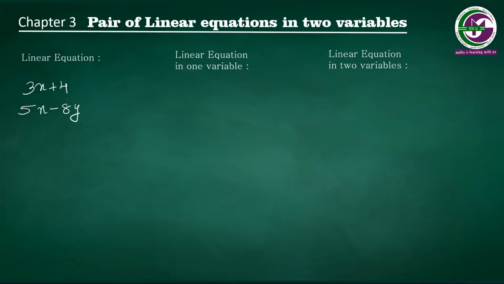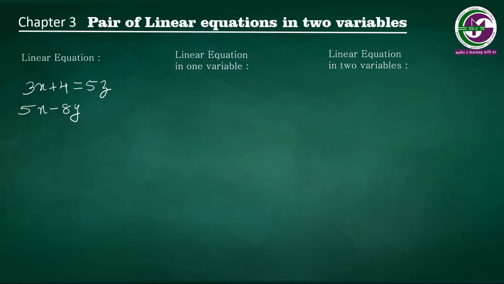When there is an equal to sign and an LHS and RHS, it will become a linear equation. Suppose 3x plus 4, equating this to another linear expression, that is 5z. Then 3x plus 4 equals 5z is a linear equation. 5x minus 8y is a linear polynomial.